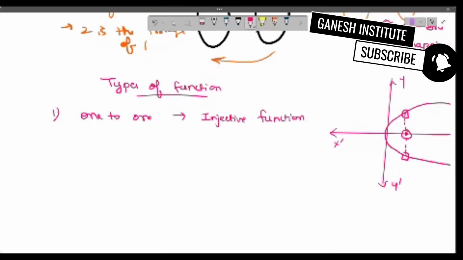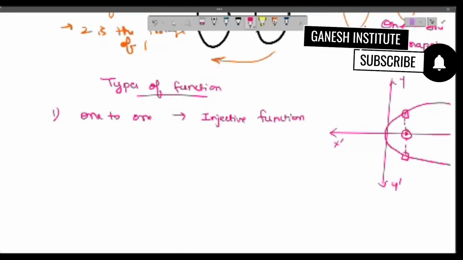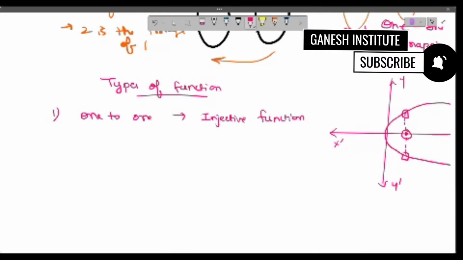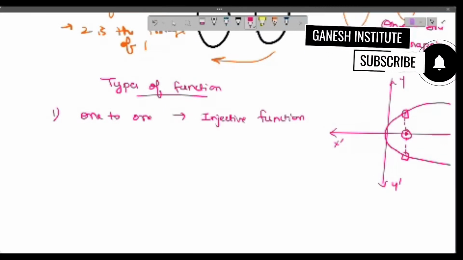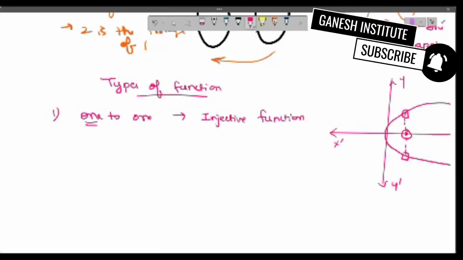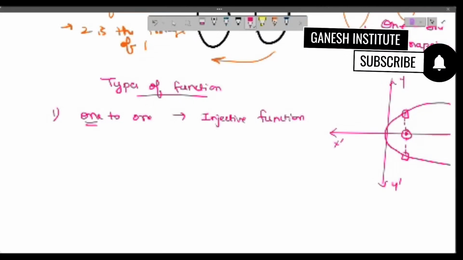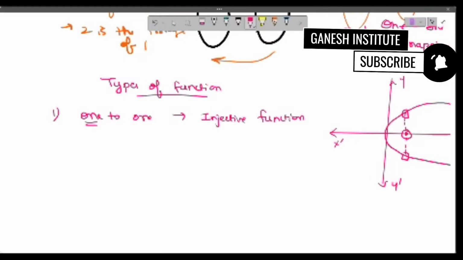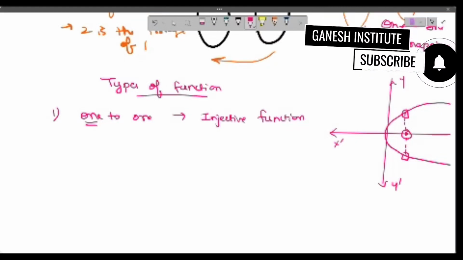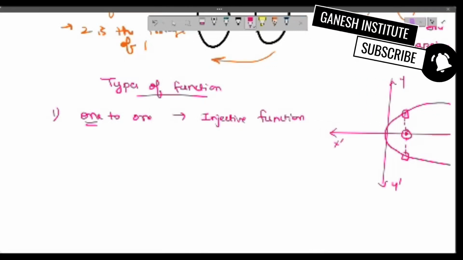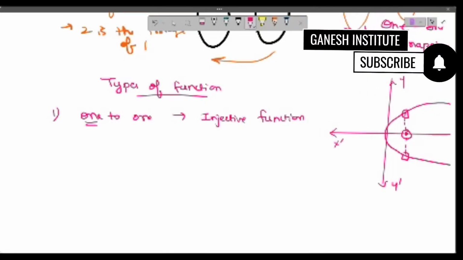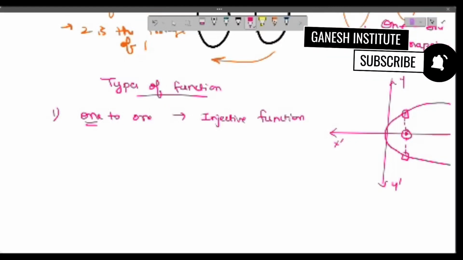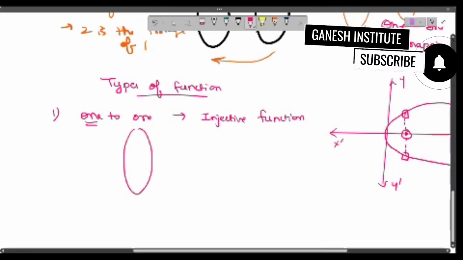So 1 to 1, what does the name suggest? 1 to 1 means every one x value has one y value. Perfect. So 1-1 or injective function means you have single values.